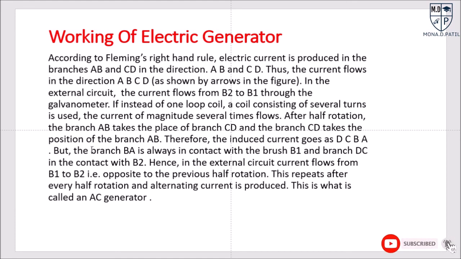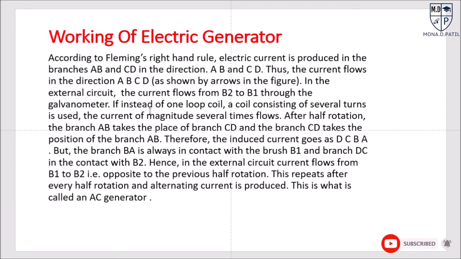So in the external circuit the current flows from B2 to B1 through the galvanometer. If instead of one loop, a coil consisting of several turns is used, the current of magnitude several times flows.